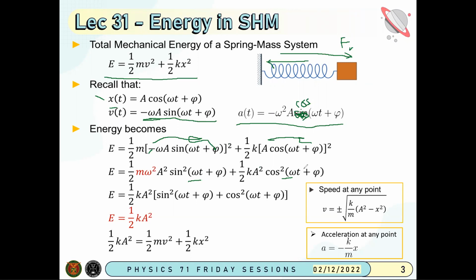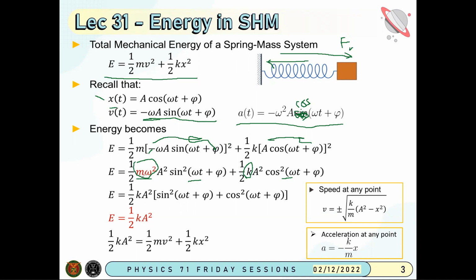Okay. So here, dito natin makikita yung isang form ng omega. So yung omega, yung angular frequency for the spring mass system can be taken from this expression. Right? Gusto natin na mapag-add sila, gusto natin silang mapag-combine.